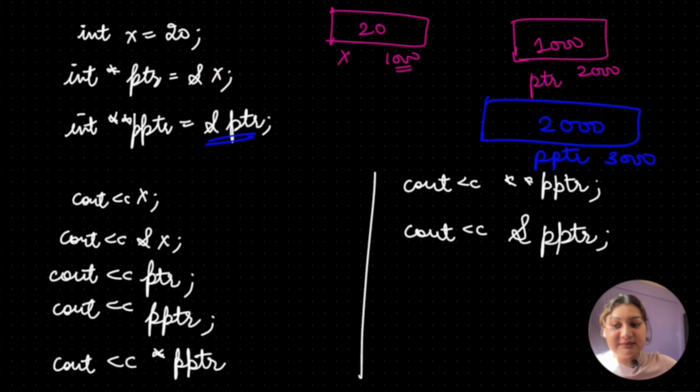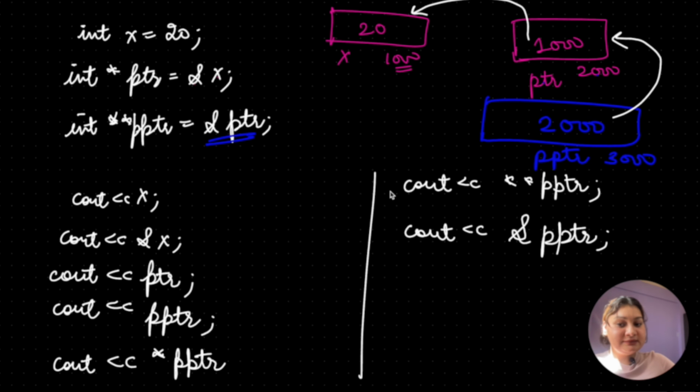By creating this, if you see, we have created a link. ptr's value is 2000, that is here. 2000 has the value of 1000, that is going towards here, and 1000 has the value 20. So pptr is a pointer that contains another pointer that is pointing towards the integer. That's why we have two stars here. pptr is a pointer that is going towards a value where it is pointing towards int. So it's a double pointer.